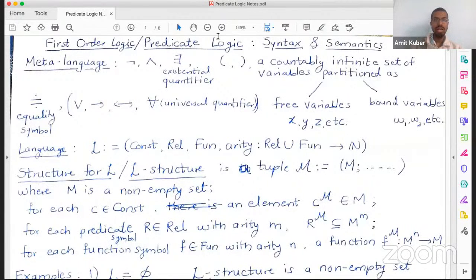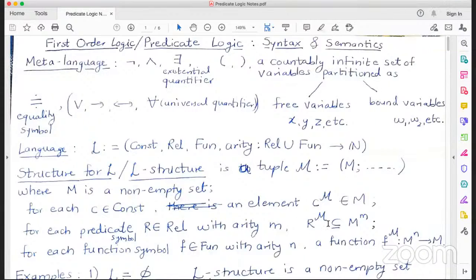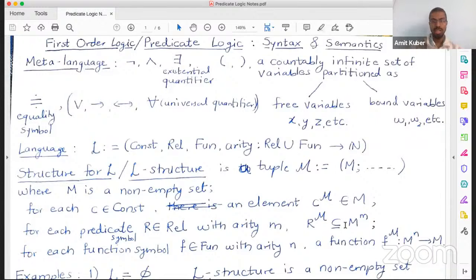So a zero-array relation symbol, as you will see here, an M-array relation symbol will be interpreted as an M-array relation on the universe. I have explained it multiple times that when M is 0, then M to the 0 is a singleton.